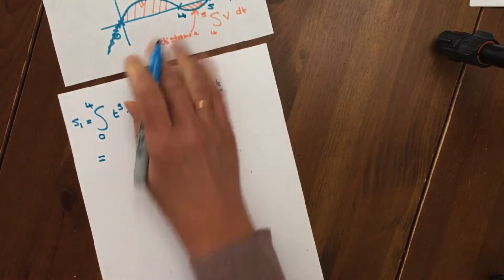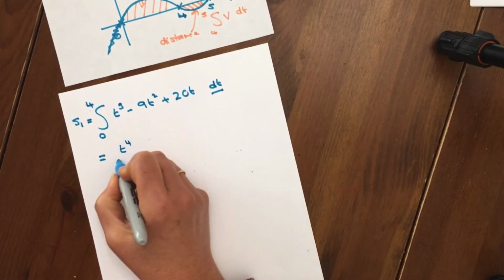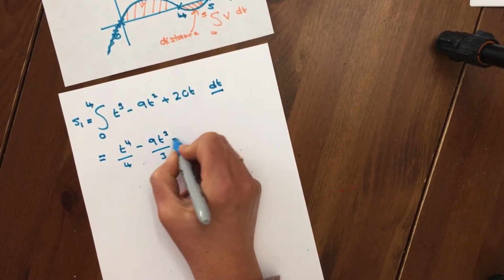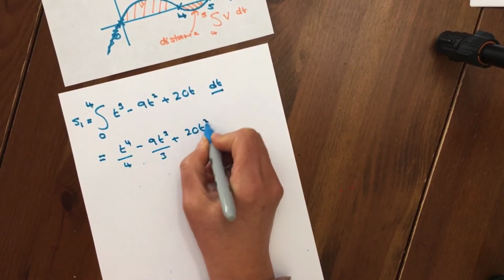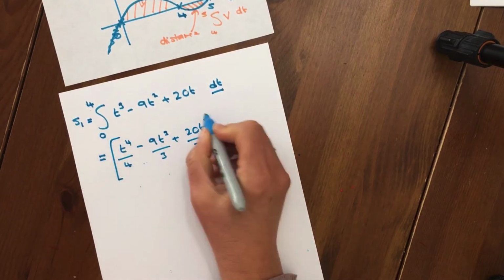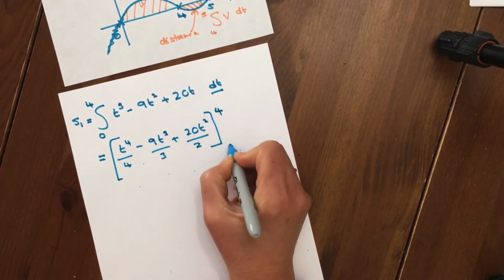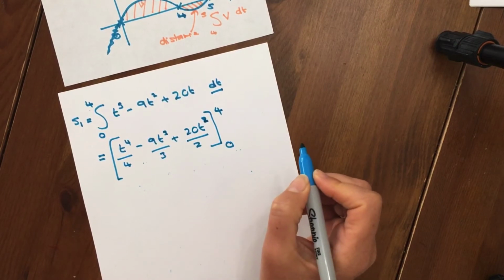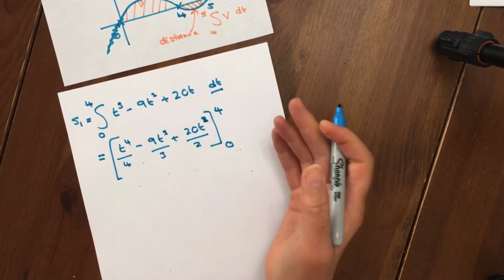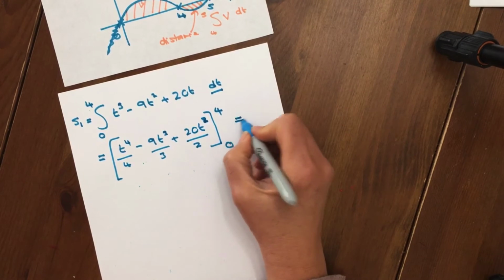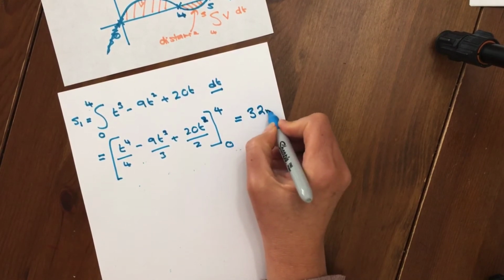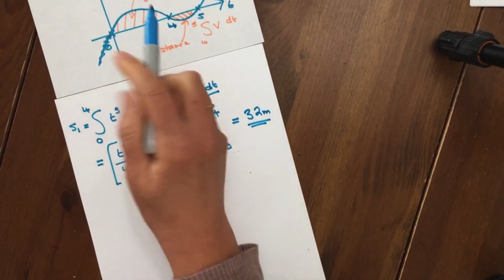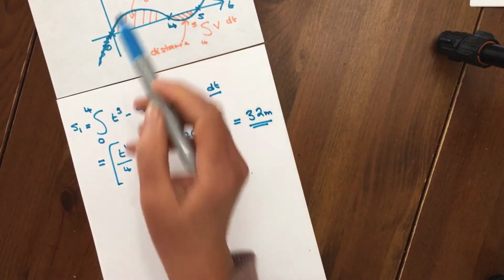So let's integrate that, add 1 to the power. Now in this case, because I've got limits, I don't need to have a plus c. It's what we call a definite integration. Now if I put my 4 and 0 in, I would get 32 meters. So that's the distance travelled for the first section of the graph between 0 and 4 seconds.